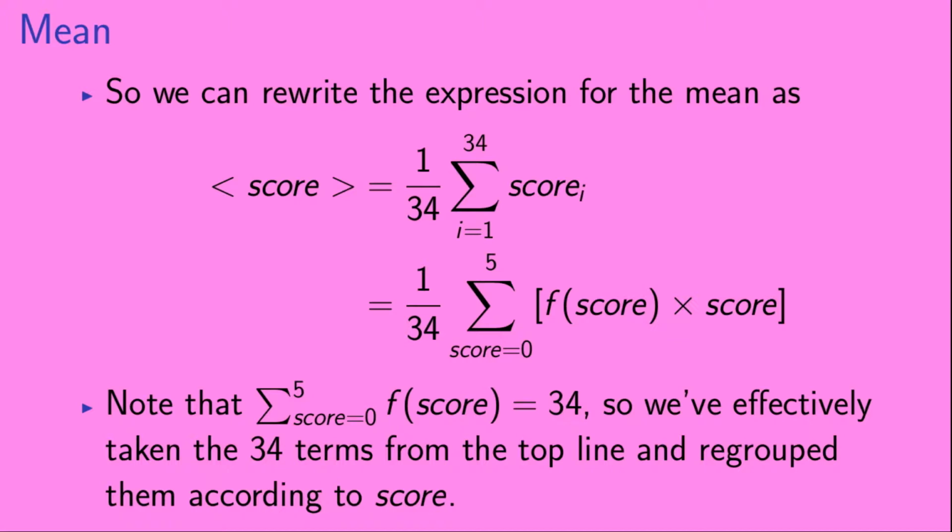So note that the sum over score from 0 to 5 of f of score equals 34. So we've effectively taken the 34 terms from the top line and regrouped them in the bottom line according to the value of score.